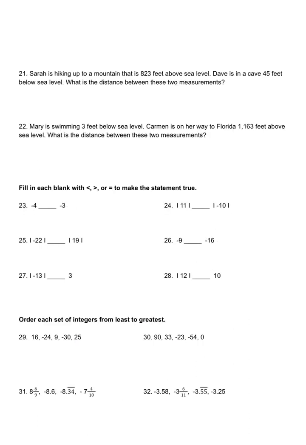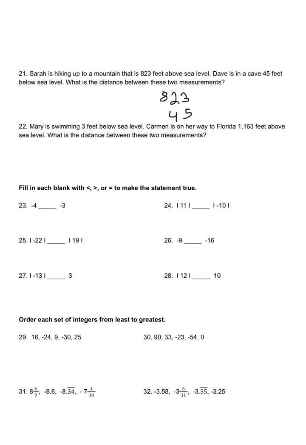Our next two story problems are very similar. Sarah is hiking up a mountain that is 823 feet above sea level. And Dave is in a cave 45 feet below sea level.